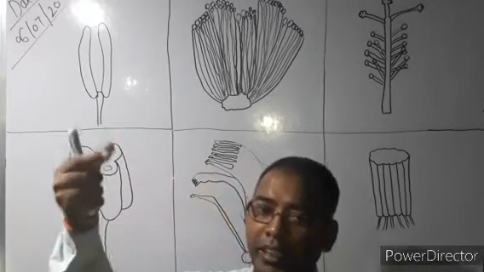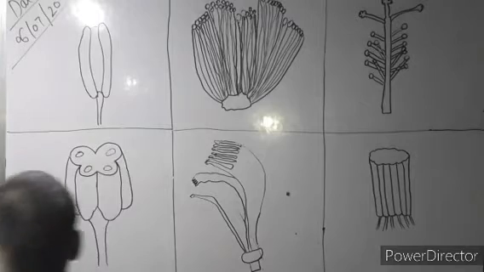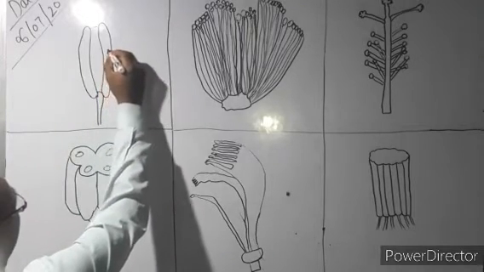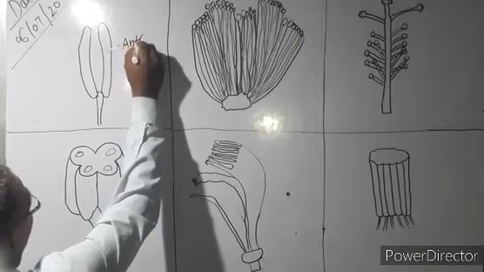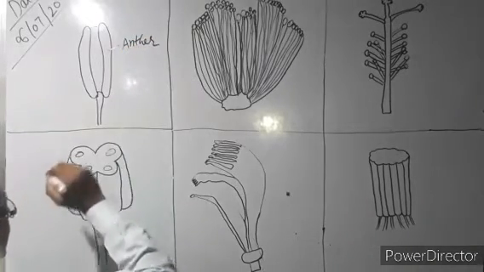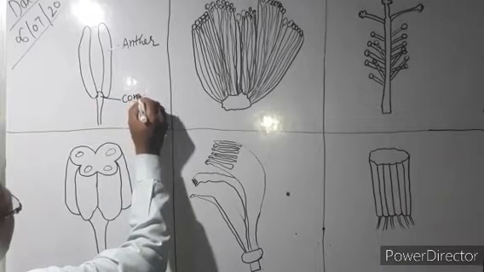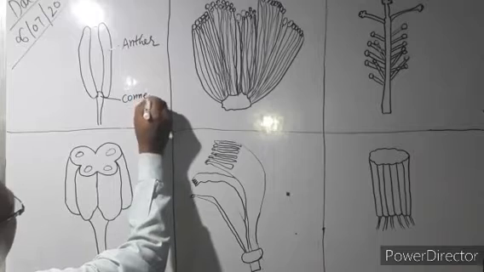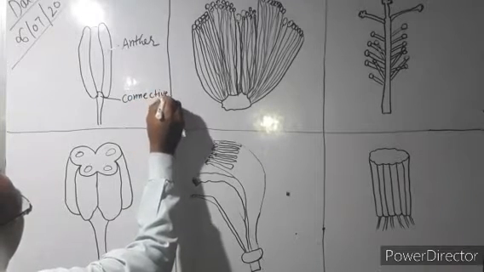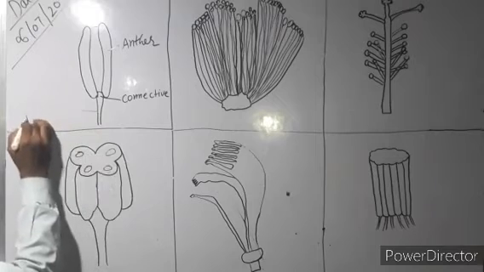Between the filament and anther there is a connective, as I have drawn here. This is the anther, this is the connective, and this is the filament.